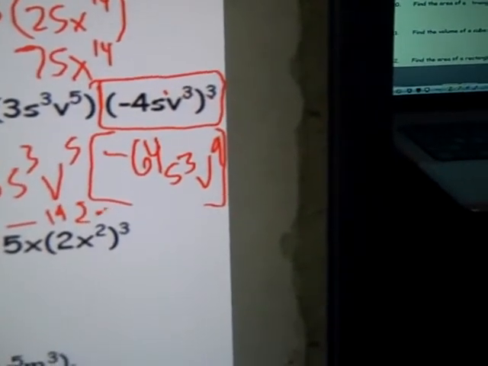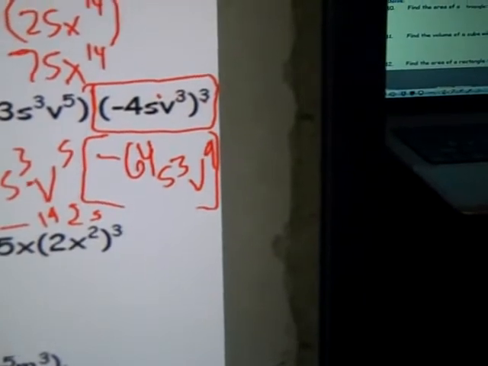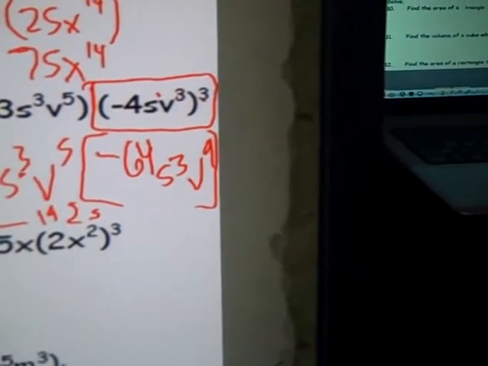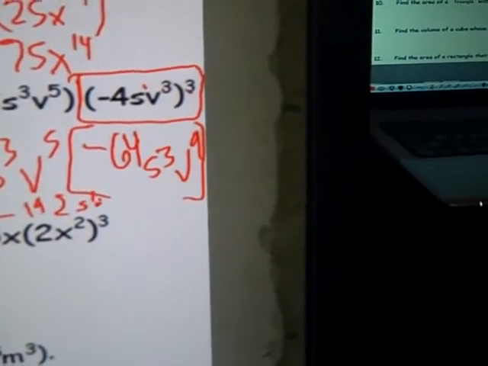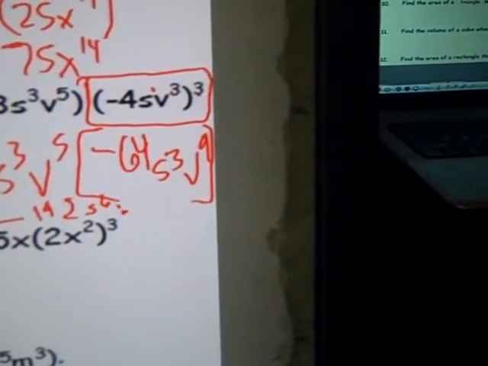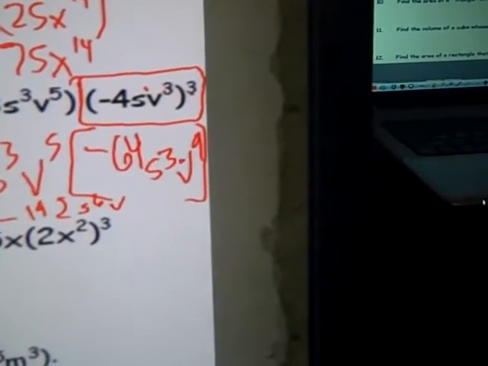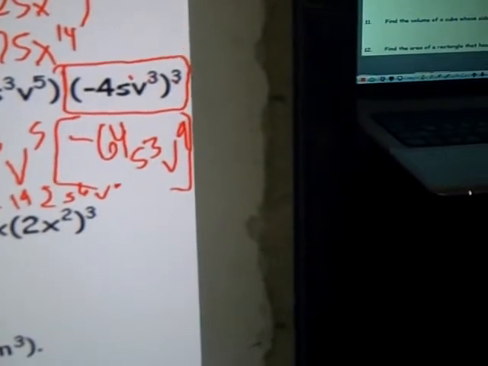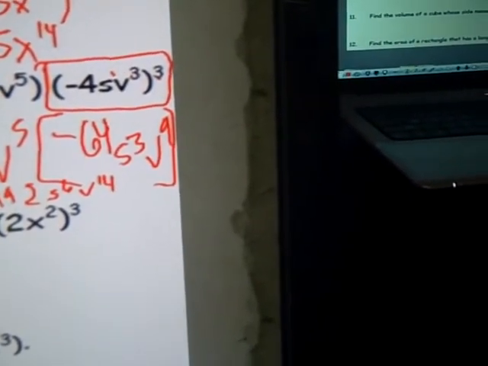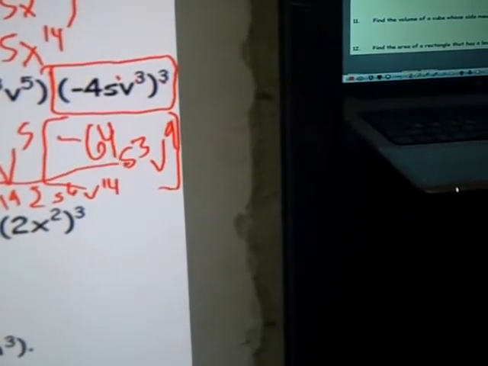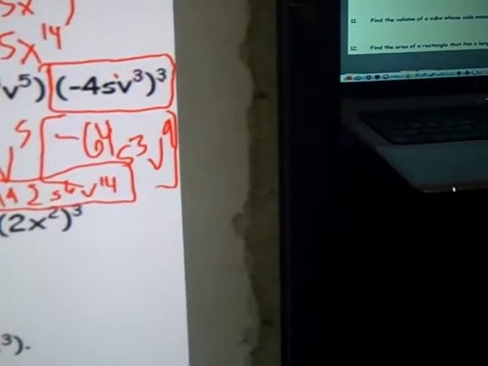And then with the s's, when we multiply, they're the same base, so we just add the exponents. 3 plus 3 is 6. And then v to the 5th times v to the 9th, we add the exponents. 5 plus 9 is 14. Negative 192, s to the 6th, v to the 14th.